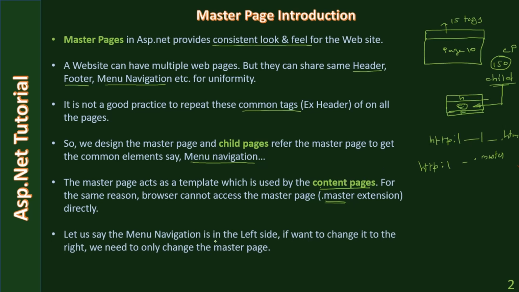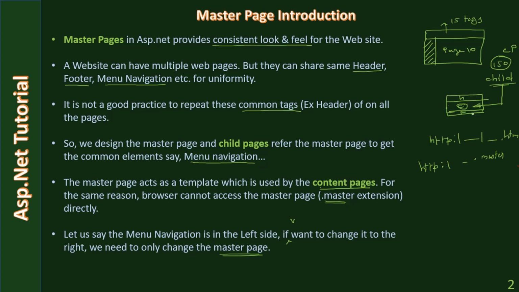Let's say the menu navigation is on the left side. If you want to change it to the right, you need to only change the master page. So that's one advantage. Say for example, in all your pages the menu navigation is on the left side, and if you want to change that to the right side for all 150 pages, you will come to the master page and change the location.